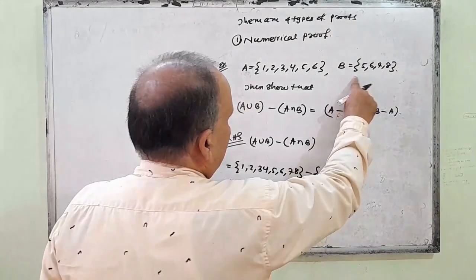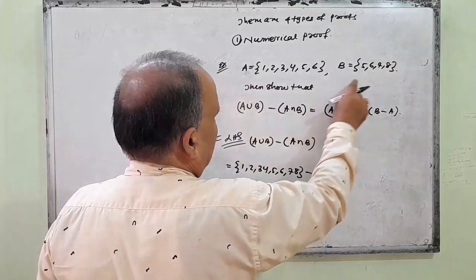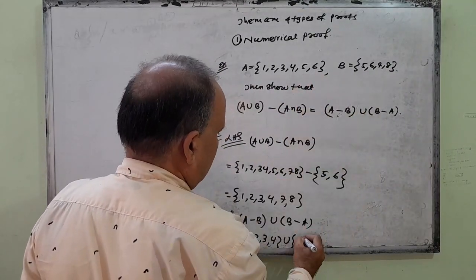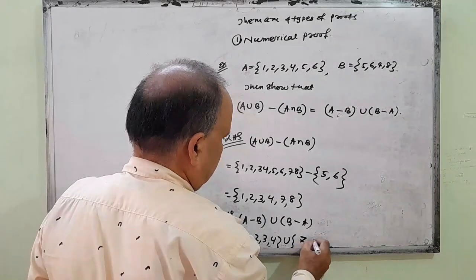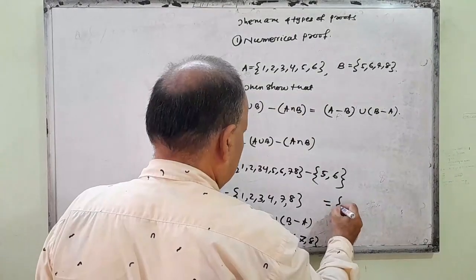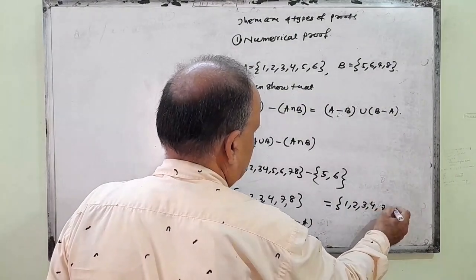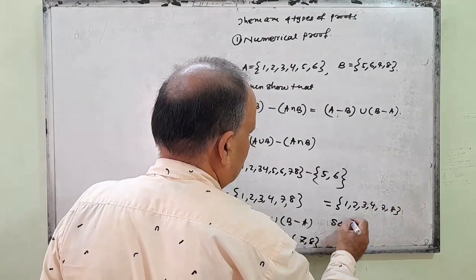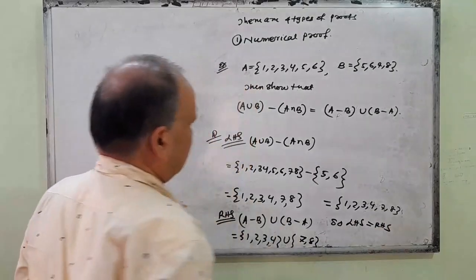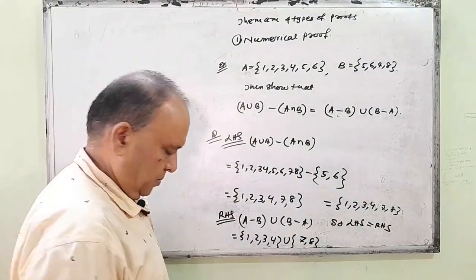Union B minus A: from B, A is out, that means from B only 5, 6 are out, then there are 7, 8. The value is 1, 2, 3, 4, 7, 8. So LHS is equal to RHS. This type of proof is called numerical proof.